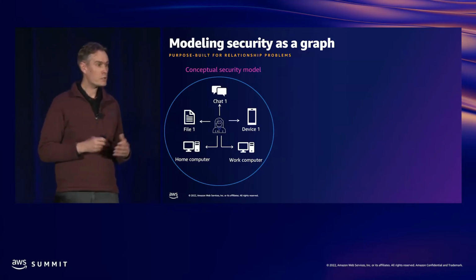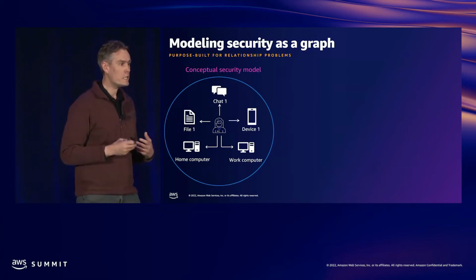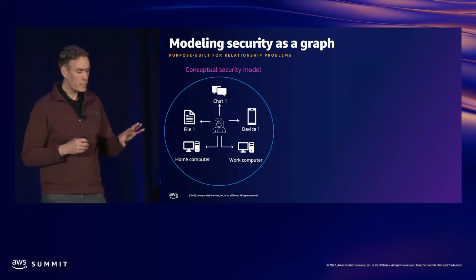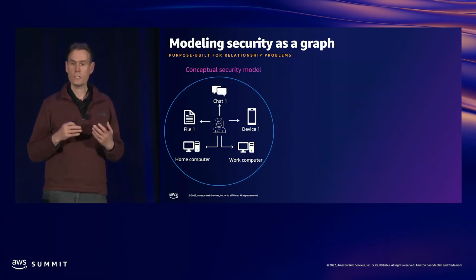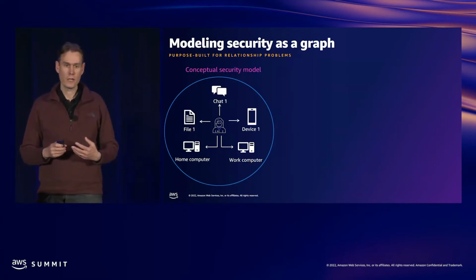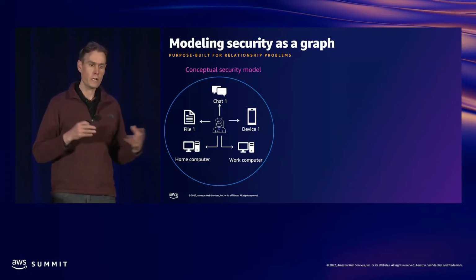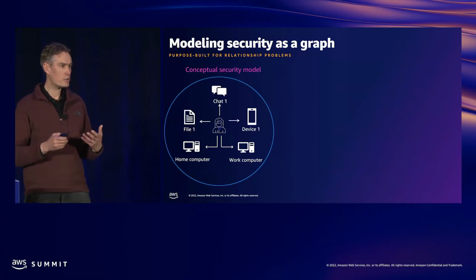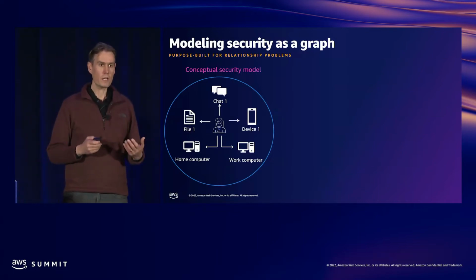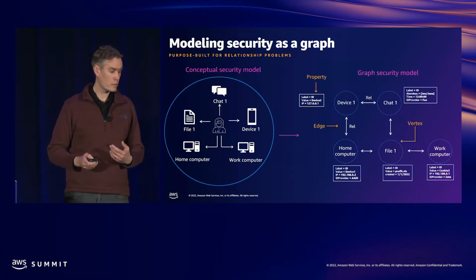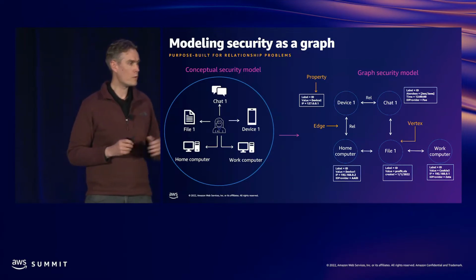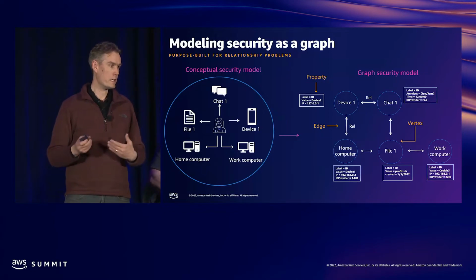But in the security domain, it's pretty easy to see how you can think of it as a graph. If you look at the example here, you can see a user. We see things that a user interacts with, file systems, computer, network devices. And so when we have this kind of connected structure, a graph data model makes a lot of sense to represent it. And here's an example of what this sort of conceptual model would look like as a graph model.